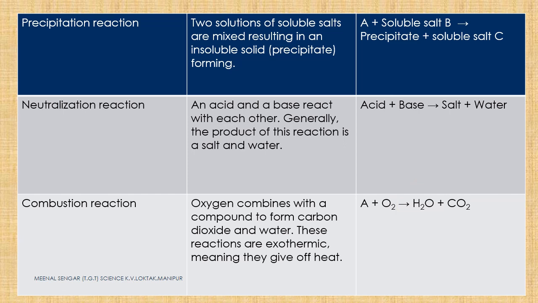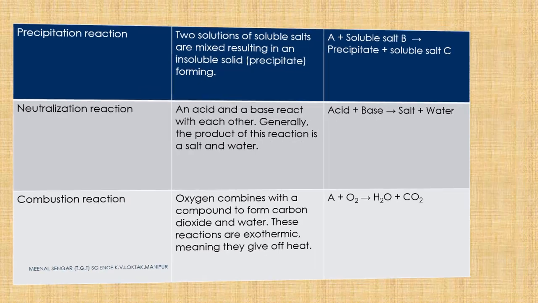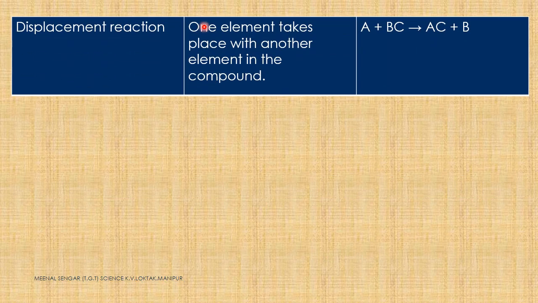Now let us see the next reaction, that is the displacement reaction. Displacement means when we shift one chemical towards another chemical. One element takes the place of another element in the compound.